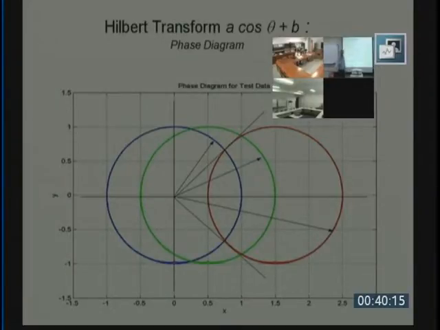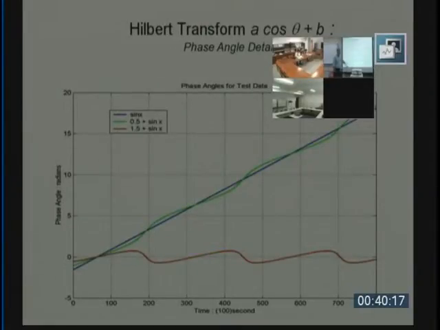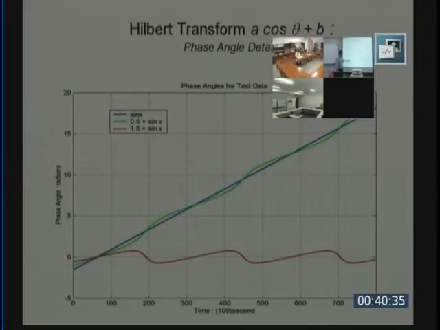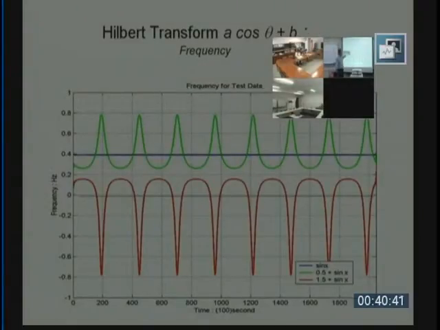So as a result, you get the 3 phase functions. If we take the derivative of these 3 phase functions, we have a constant frequency for the circle with its center at the origin. For the green one, it's wavy. Sometimes it's slower, sometimes faster, slower, faster, and it gives you this.